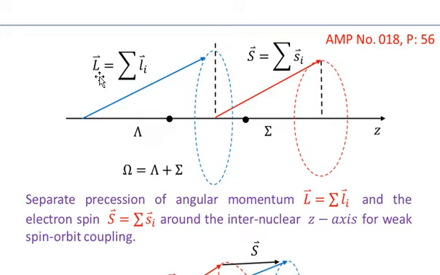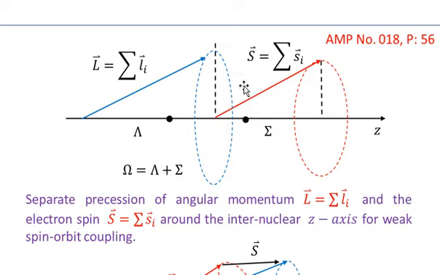So capital L is the total orbital angular momentum of the molecule, and capital S is the total spin angular momentum of the electrons. The projection of capital L on the z-axis will be represented by capital lambda. The z component of capital L will be equal to lambda times h bar. You have to multiply with h bar to get the units of angular momentum.